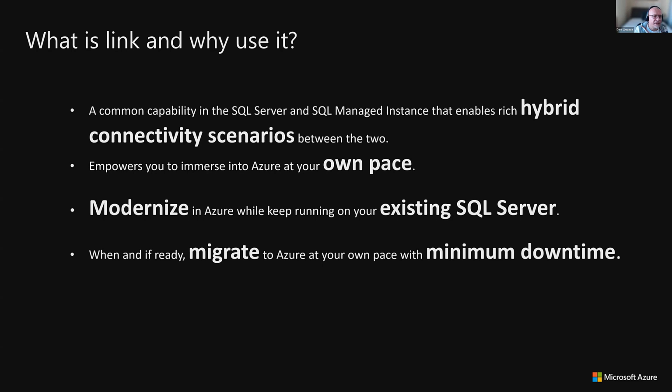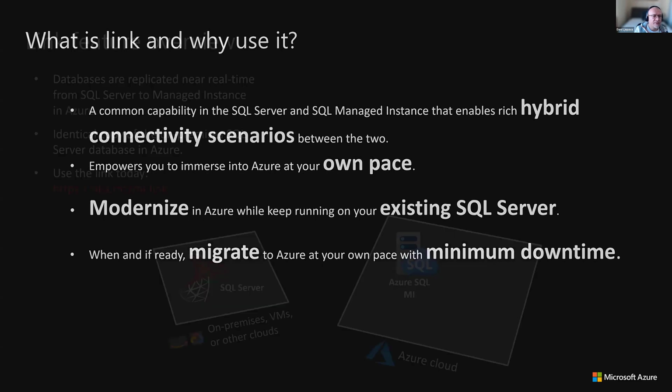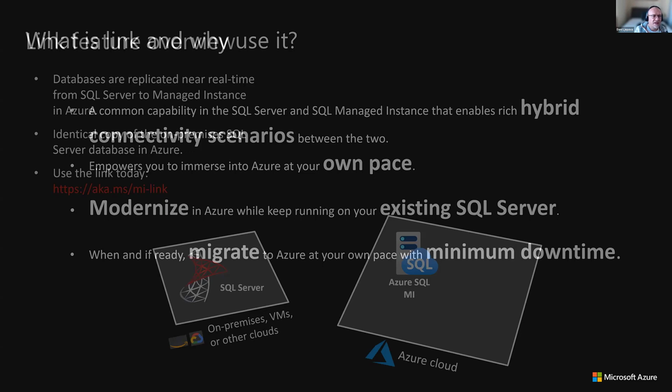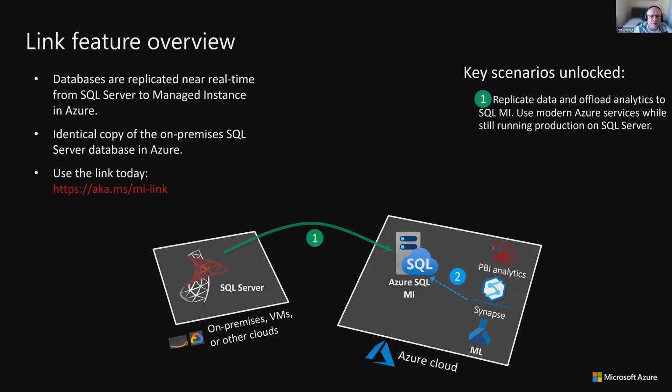How does it look graphically? It looks something like this. So we're replicating data near real time from SQL Server to managed instance. In one of the next slides, I'm going to talk more about the technology behind it, but suffice to say at this point in time that we're using availability groups and distributed availability groups, which is a well-known technology in SQL Server, to securely and with the best possible performance replicate data from SQL Server to managed instance.